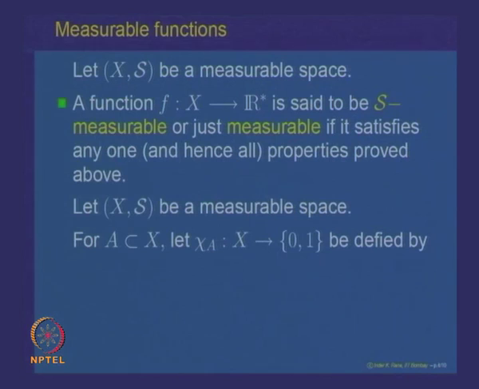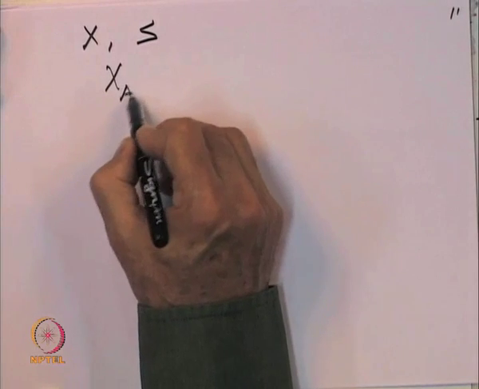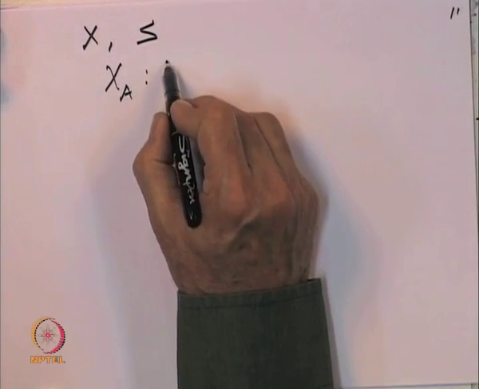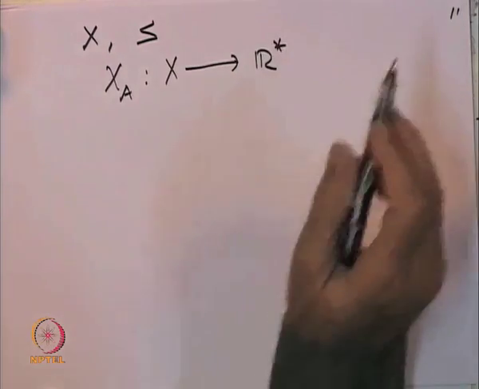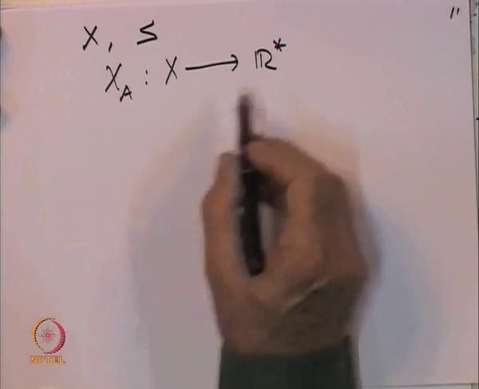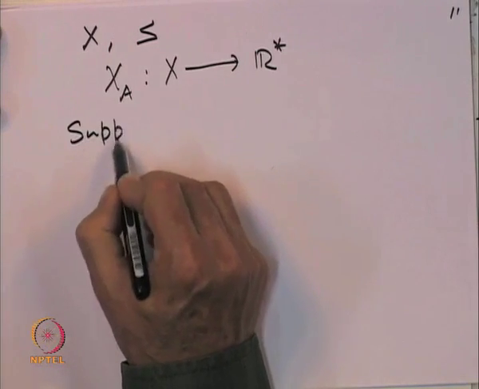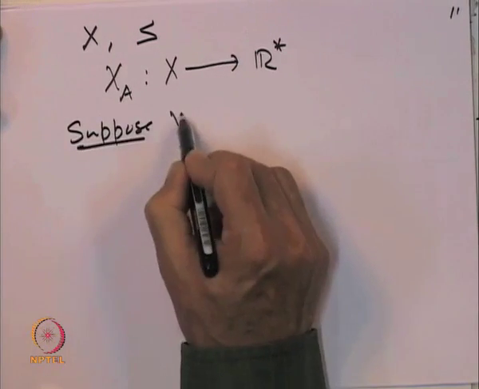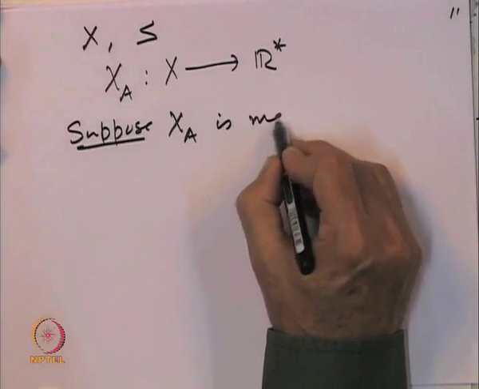And the claim is, so we want to look at, so X is a set, S is a sigma algebra, and we have got the indicator function chi A of the set A on X taking values, of course, only 2 values. So, we can consider it as a function taking extended real values. So, we want to know, is it measurable. So, suppose the indicator function of A is measurable.